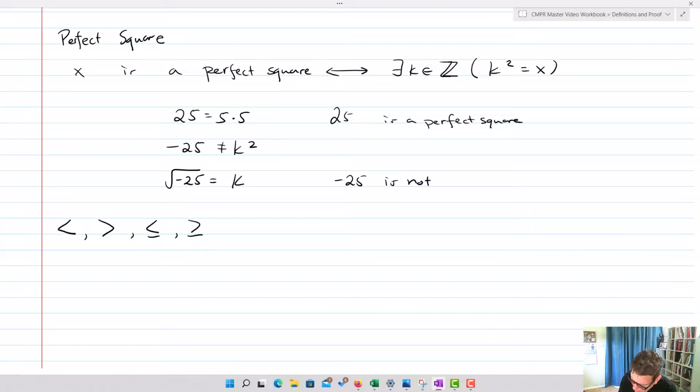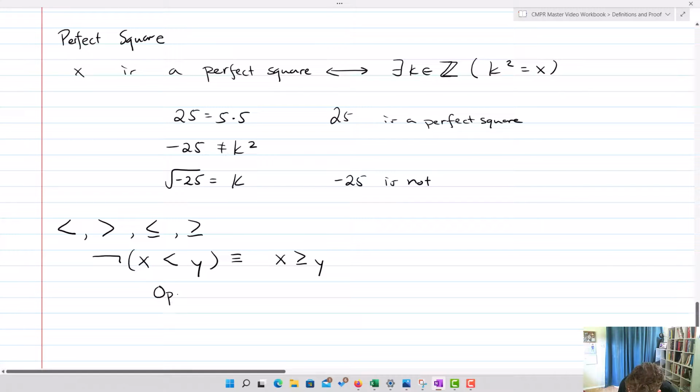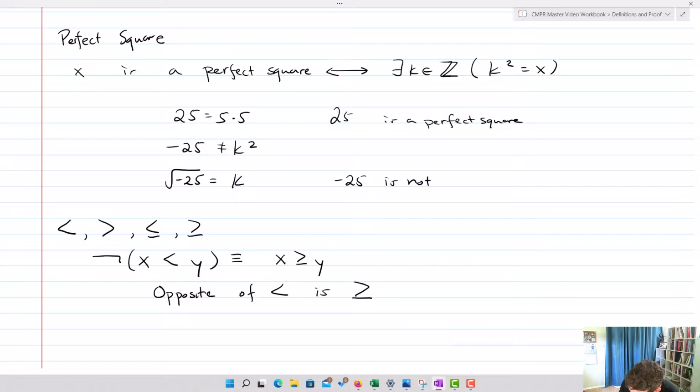So if we say x is less than y, and I wanted to negate x is less than y, that's actually going to be logically equivalent to x is greater than or equal to y. So notice that the opposite of less than is greater than or equal to.